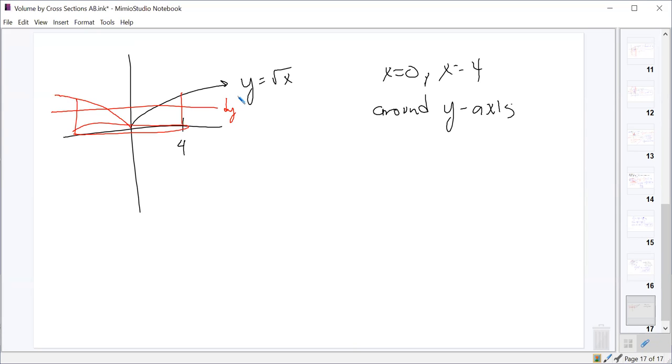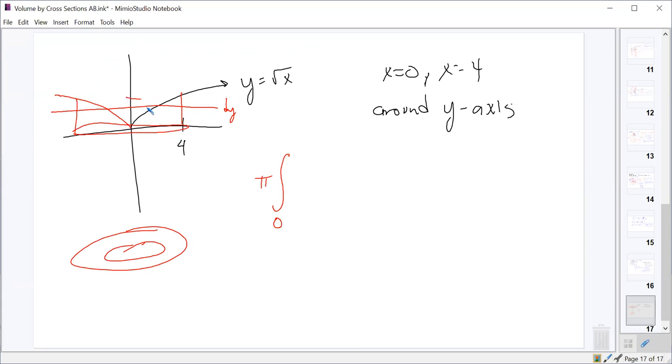Because now the region that we're revolving around the y-axis is not fully pushed up against the y-axis. We end up with a washer again. We get a circle with a hole in the middle of it. So we know it's going to be pi. We know we're going to integrate from the lowest value, 0, to the highest value.